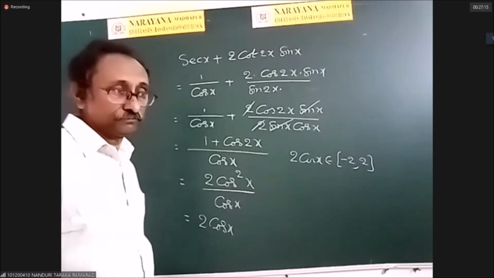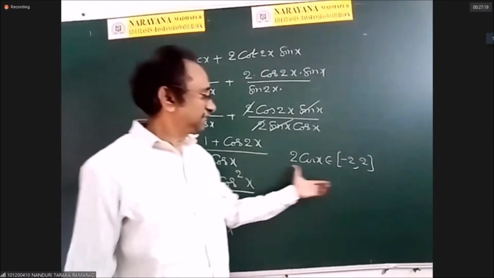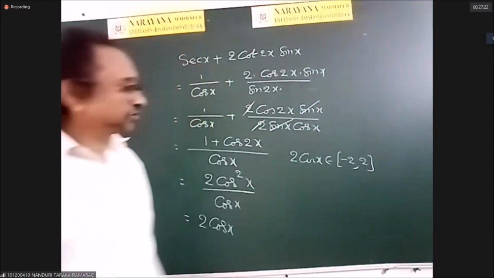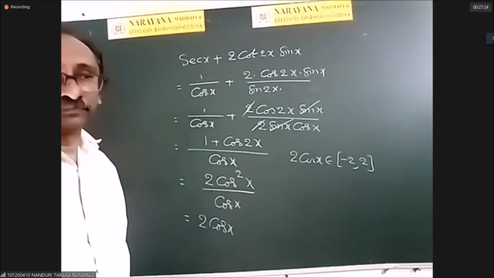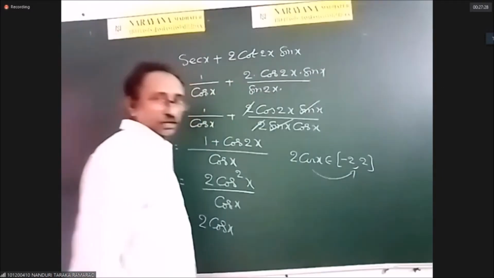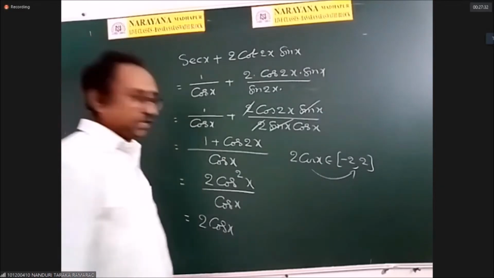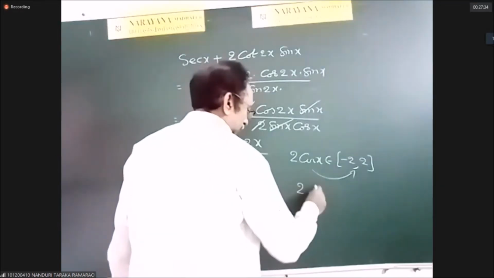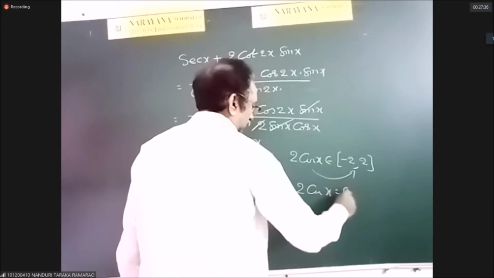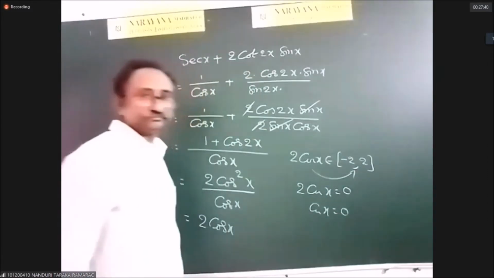No, sir. Okay. Now I am asking you, it is given that the range is minus 2 comma 2. That means you are getting every value between this. Now can we get 0? That is, 2 cos x is equal to 0, that is cos x is equal to 0.